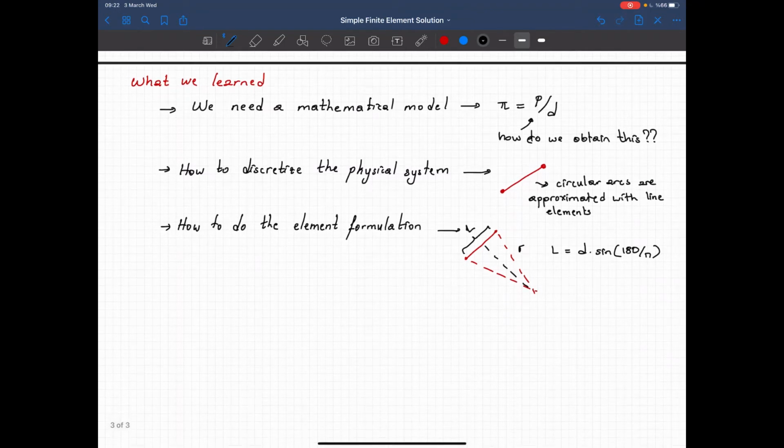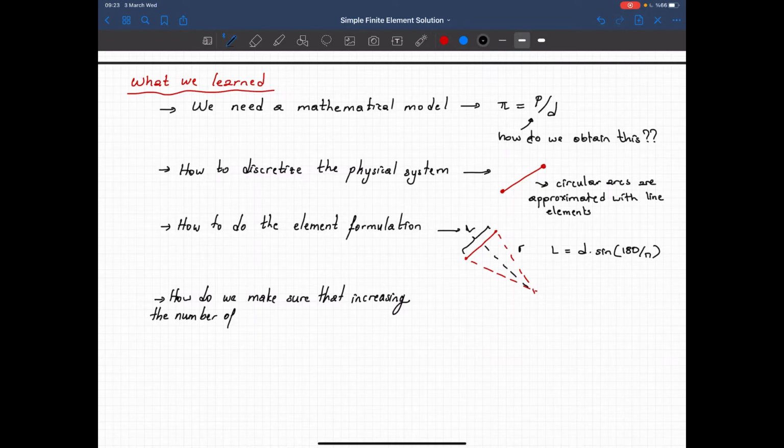Now, the most important question here, this will be our final question: how do we make sure that increasing the number of finite elements produces a more accurate result?